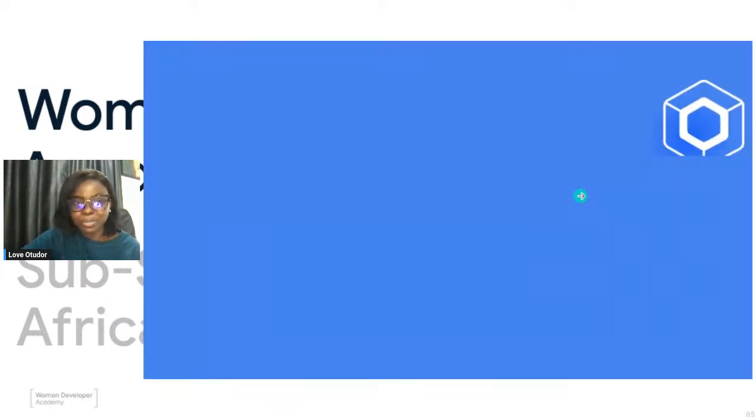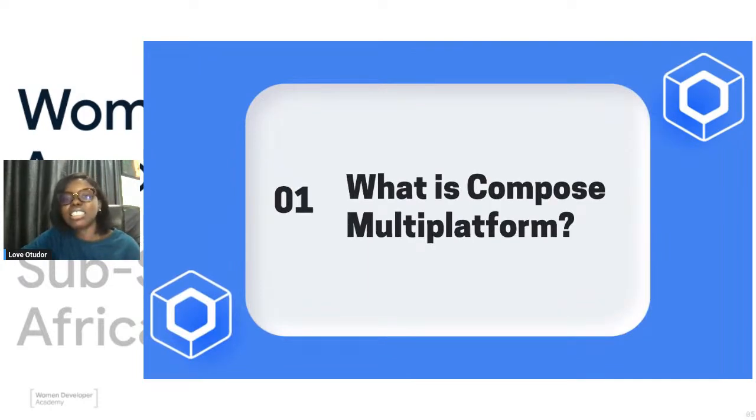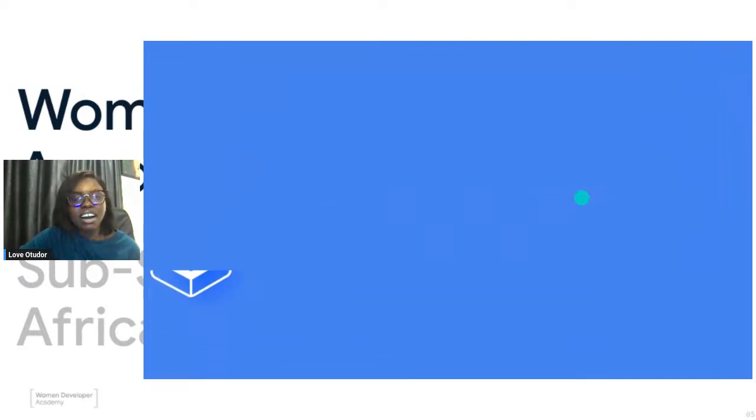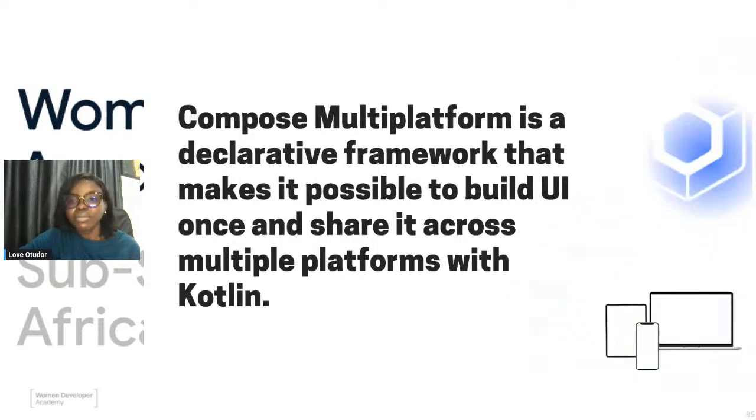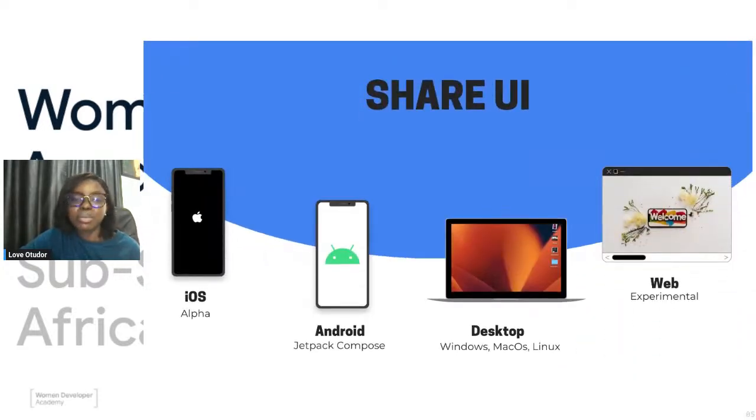Next slide. So basically, what is Compose Multiplatform? Compose Multiplatform is a declarative framework which makes it possible for you to build user interfaces once, and then share them across multiple platforms using the Kotlin programming language. What's unique about it is that you can share UI code across iOS, Android, desktop, and web.